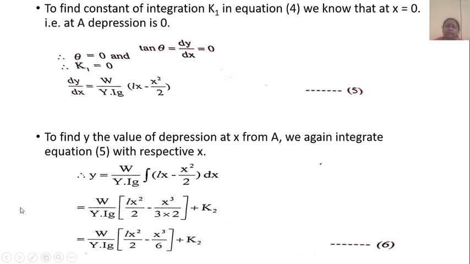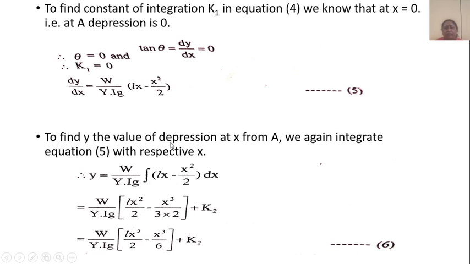To find the constant of integration k1 in equation 4, at x equal to 0, that is at A, the depression is 0. Therefore tan theta equal to dy by dx equal to 0, therefore theta equal to 0 and k1 equal to 0.